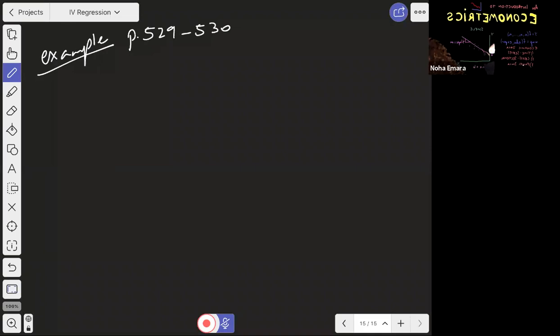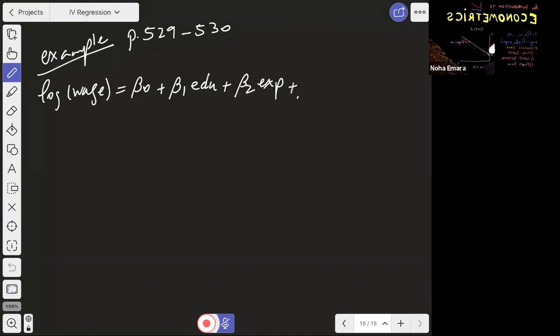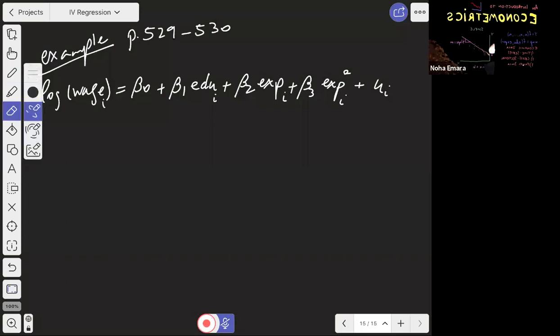So what we have here is the log wage. We have been talking about this model since the beginning of the semester. Beta naught plus beta 1 education plus beta 2 experience plus beta 3 a quadratic term experience squared plus ui, and everything has an i. Okay.